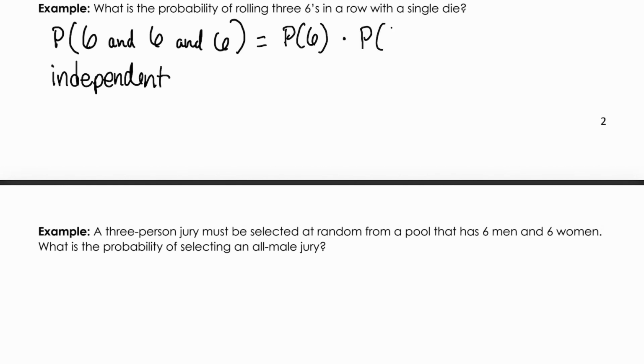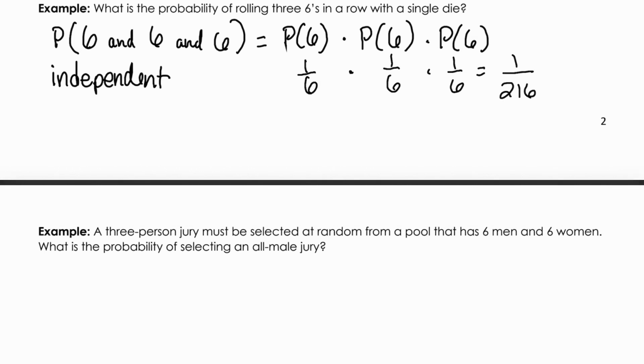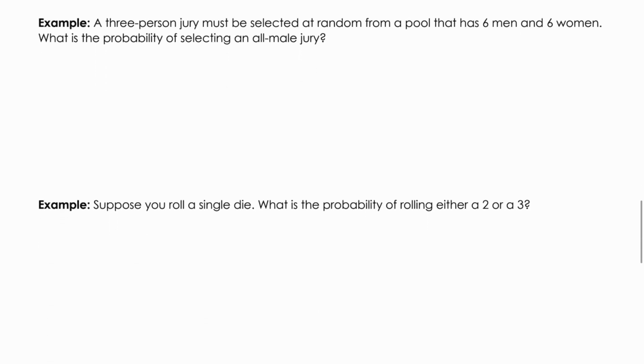So I want to find the probability of getting a 6, and then multiply it by the probability of getting another 6, and then multiply it by the probability of getting another 6. So the probability of getting a 6 is 1 out of 6. So I multiply that all together and I get 1 out of 216. That's my probability, 1 chance out of 216 of getting 3 6s.